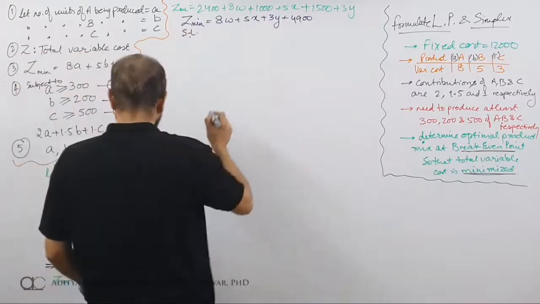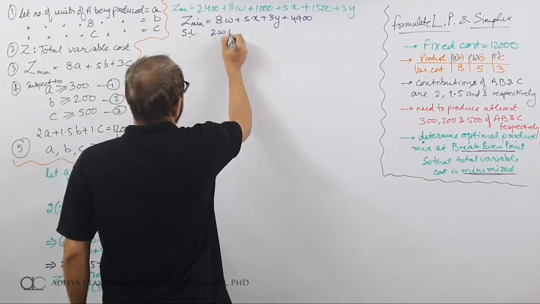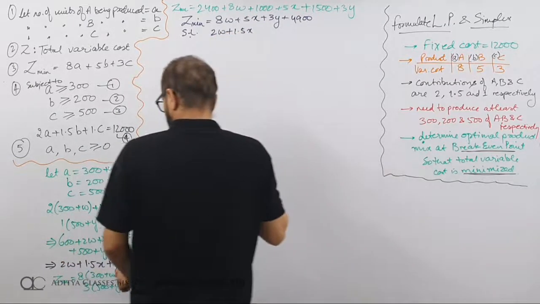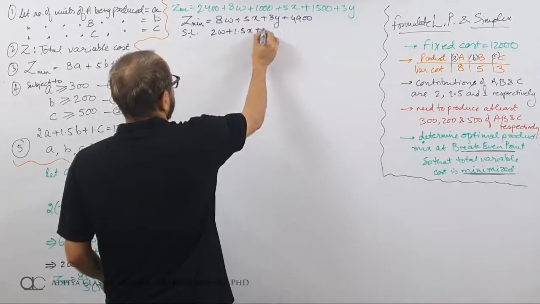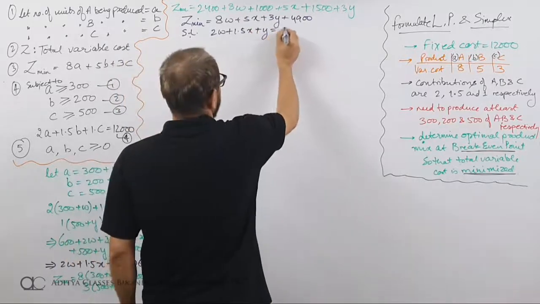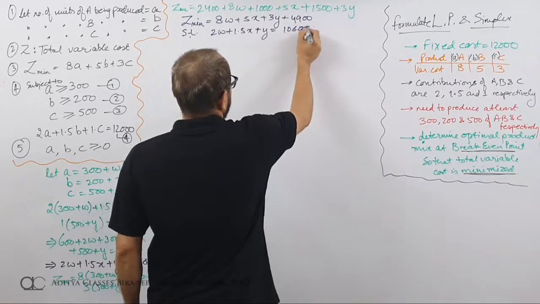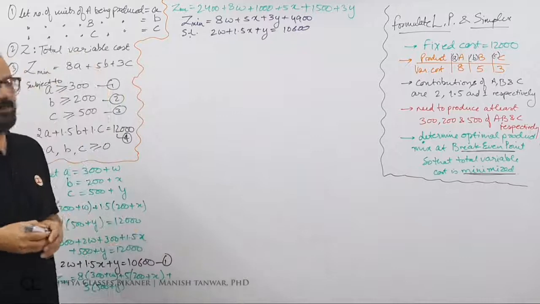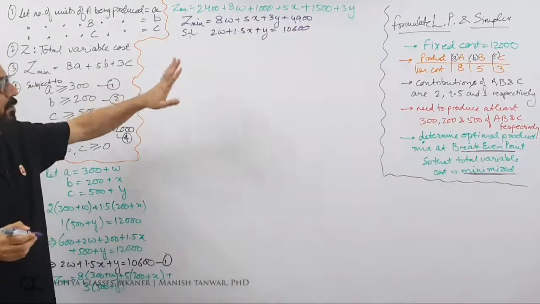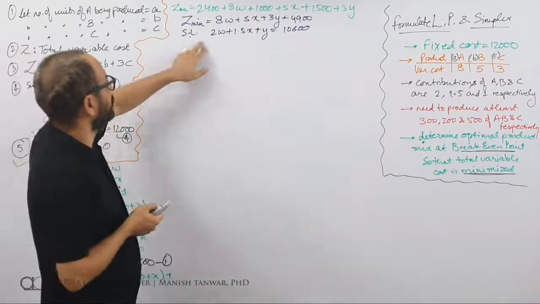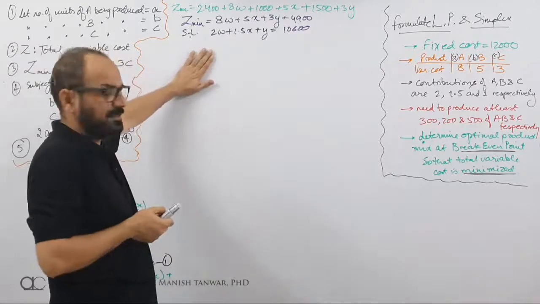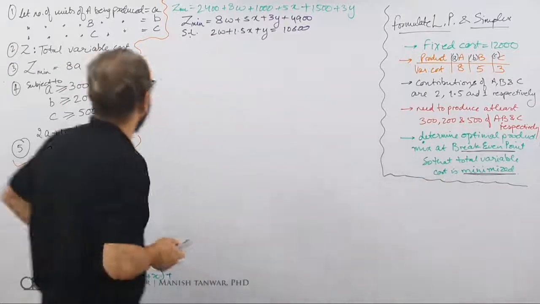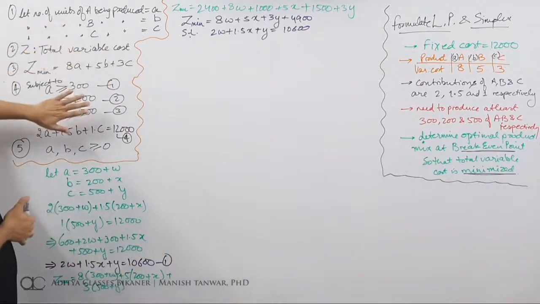Subject to 2w plus 1.5x plus y is equal to 10,600. Is that fine? So w, x and y. Now when we try to start this, this was my given question, this was my formulation.